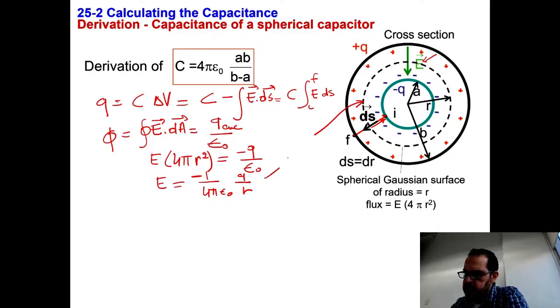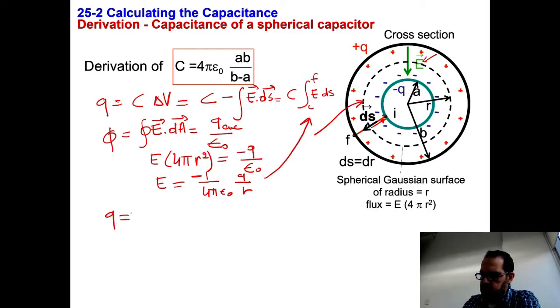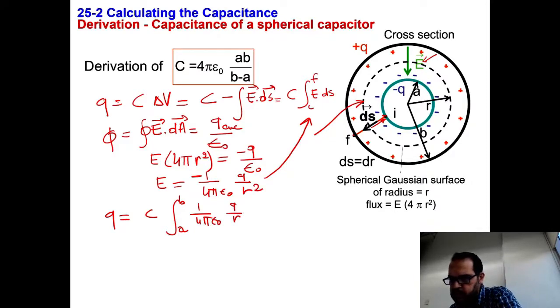Let's plug this into this equation, and we obtain Q is equal to C times the integral from the initial to the final position, from radius A to radius B, of 1 over 4 pi epsilon 0 Q over r squared dr.